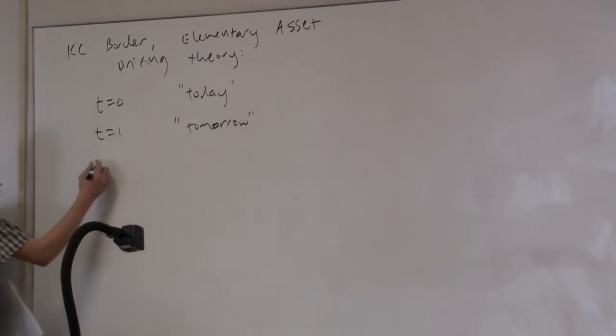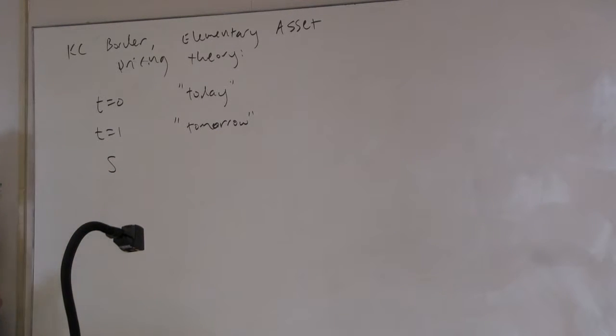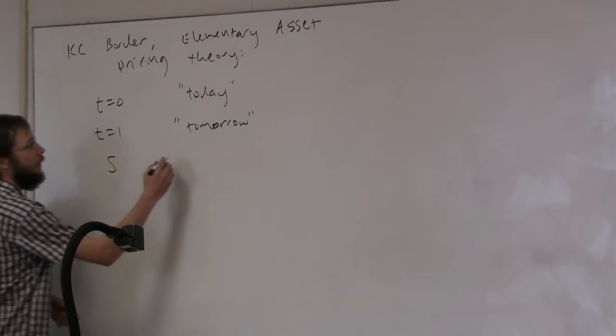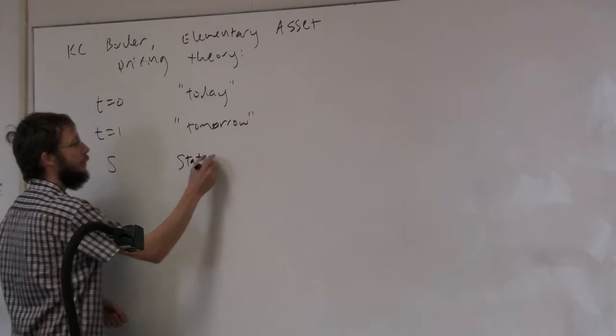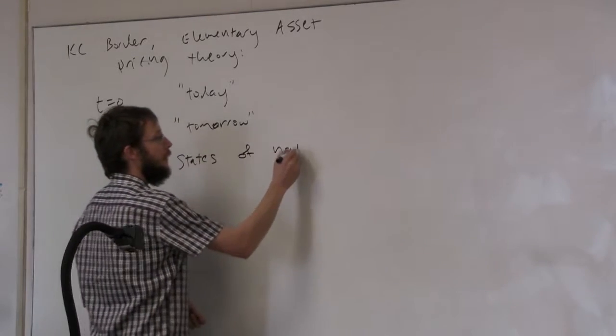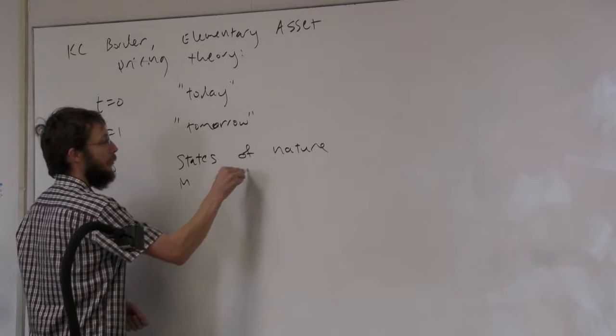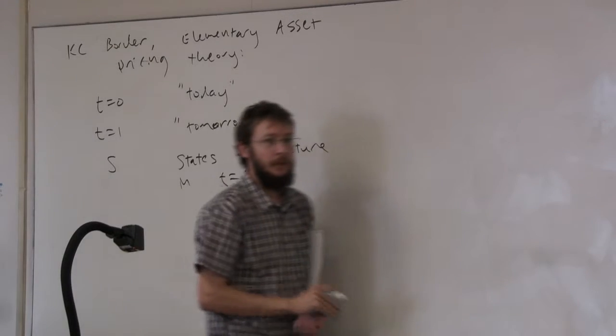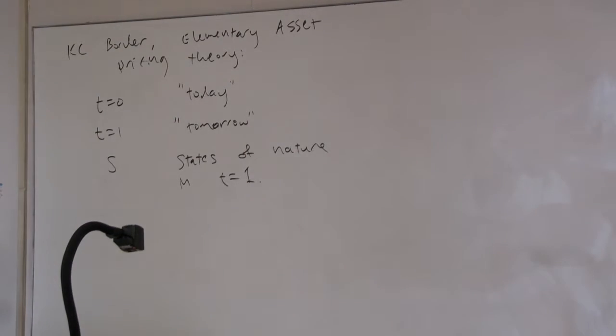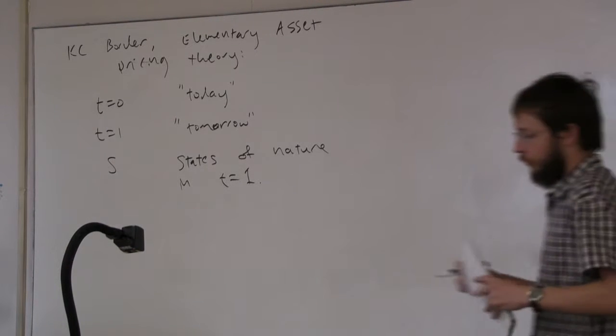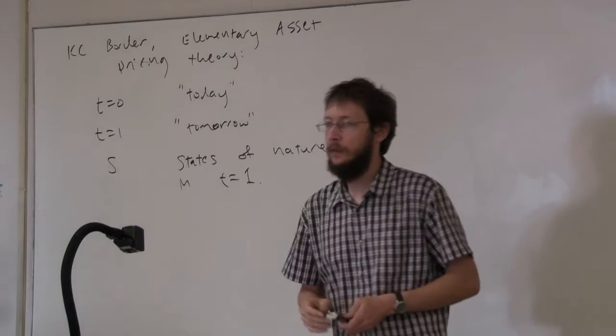And we have a collection of states of nature. So S, capital S, is the states of nature in time 1. And generally speaking, the states of nature is going to be huge, right?